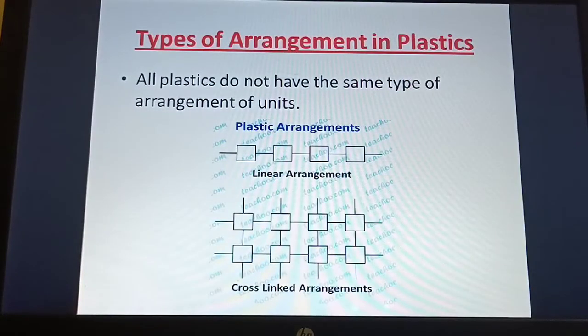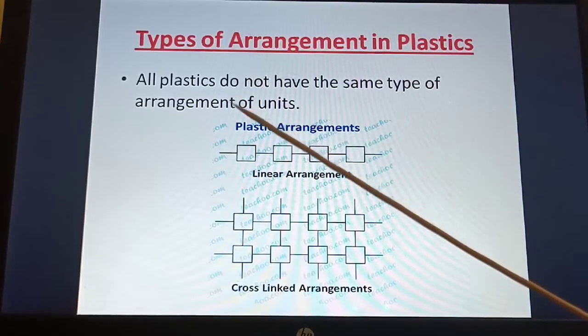But if you take a scale and bend, what happens? It bends easily, it breaks, isn't it? So all the plastics do not have the same type of arrangement of units. The charger is an example for cross-linked arrangement, whereas the scale is linear arrangement.